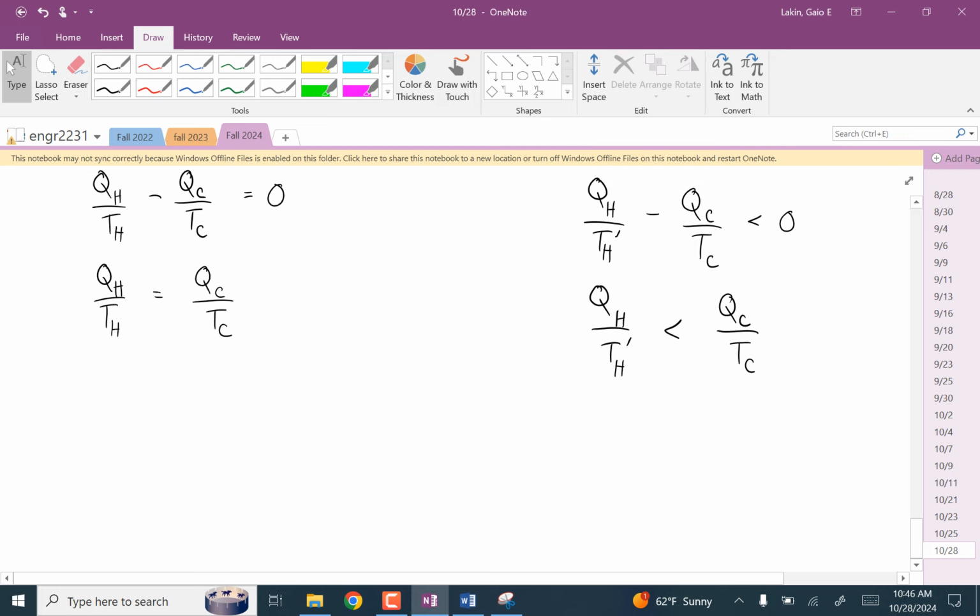And now you can just rearrange this. In the reversible case, if I calculate TH, we get TH is equal to QH TC over QC.